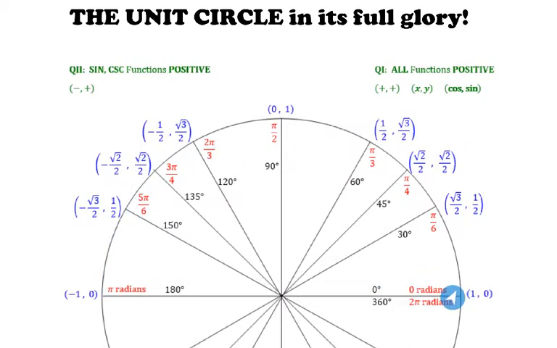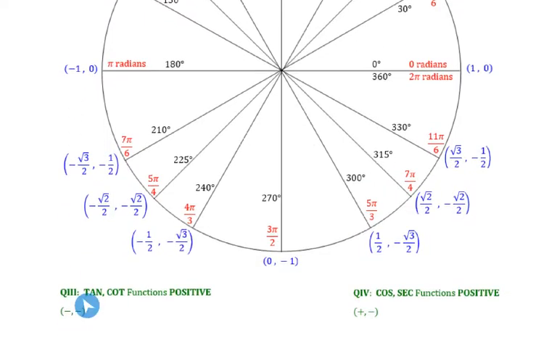So you, as a student, would be responsible for labeling all of your degrees, then all of your radian measures, and then an ordered pair at each of these. And as we already talked about, all students take calculus.